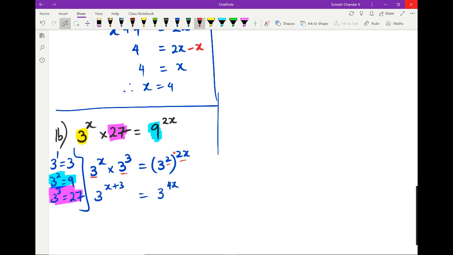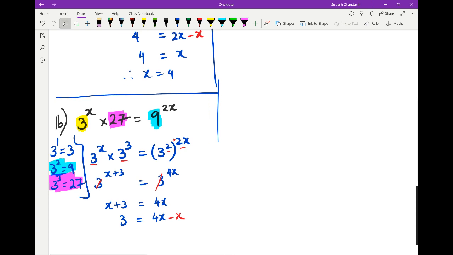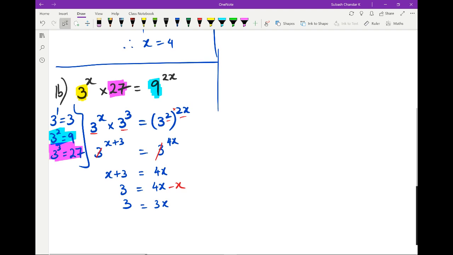Once I do this, because the 2 bases are the same, I can get rid of them, and what I've got left over is x plus 3 is equal to 4x, and then 3 is equal to 4x minus x. If I carry on, I'm going to get 3x equals 3, and so x is equal to 3 divided by 3, so x is equal to 1.